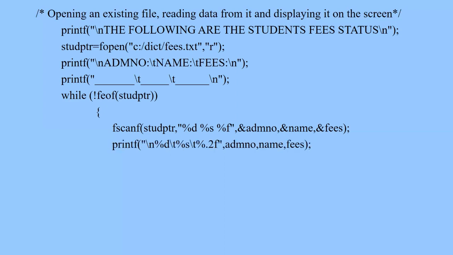So display the content of admission number on the screen, tab, then the content of name, tab, and then fees. And that continues until the end of file is encountered.